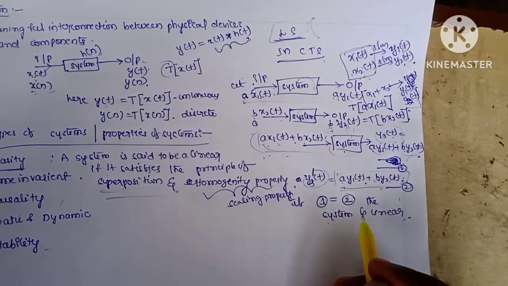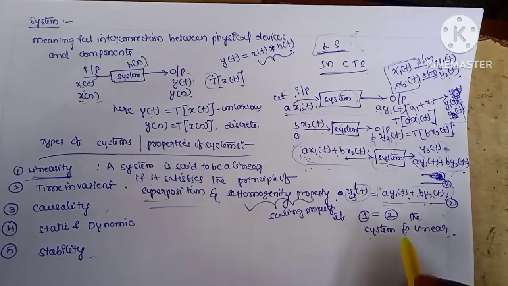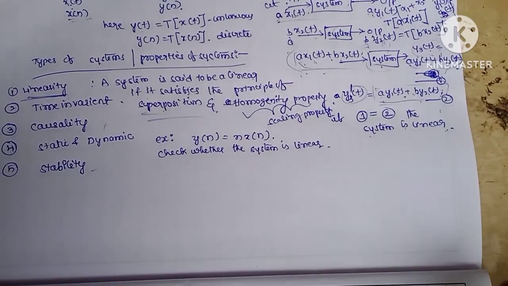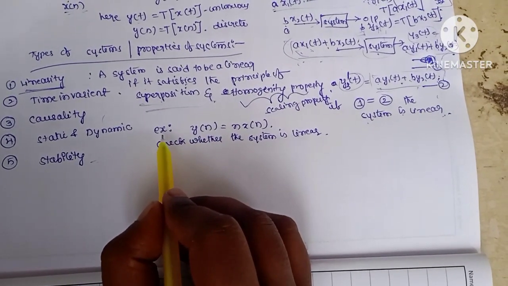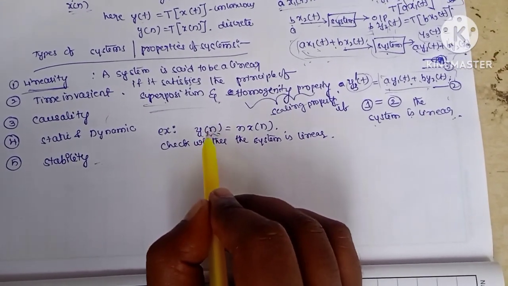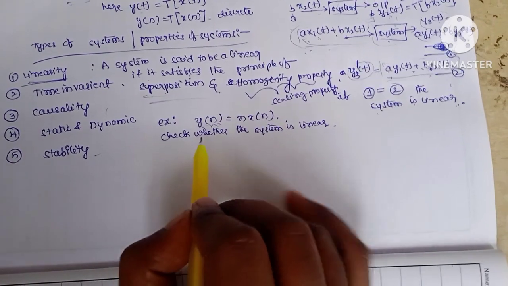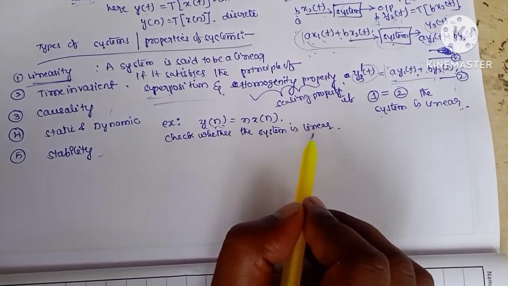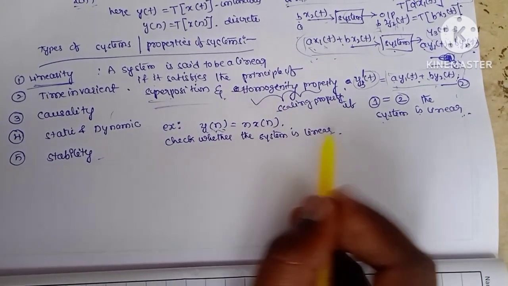If we go through one example, we can understand easily. They will give a question with the output of the system, and ask you to check whether the system is linear or non-linear.